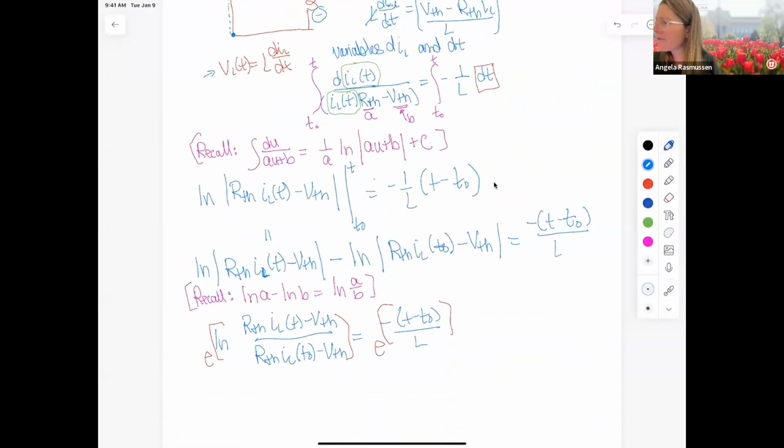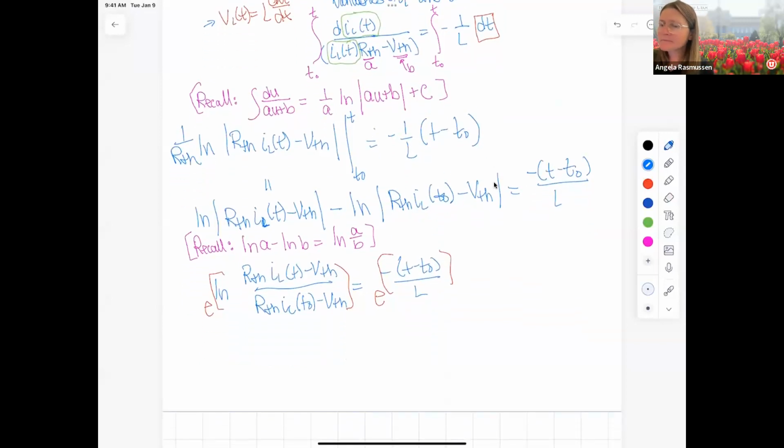There we go. Okay, so 1 over A, I forgot the A. 1 over RTH, natural log, AU plus B, that was where it was. Okay, so I was missing the RTH here. And so bringing this one becomes RTH on this side.